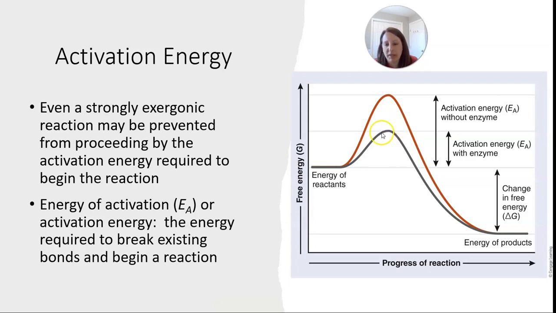The grayish black line shows the reaction profile with an enzyme added. What has been done here is just that the energy of activation has been decreased. The overall free energy change has not been changed. It's just the E of A, the energy of activation.